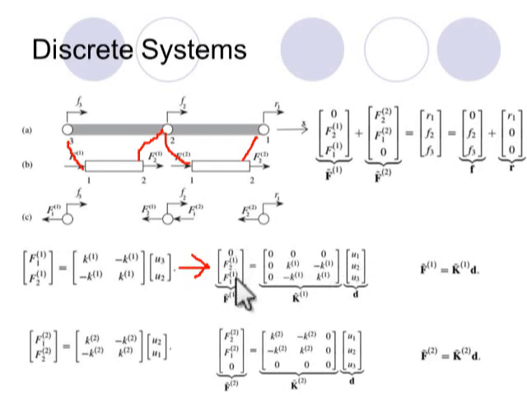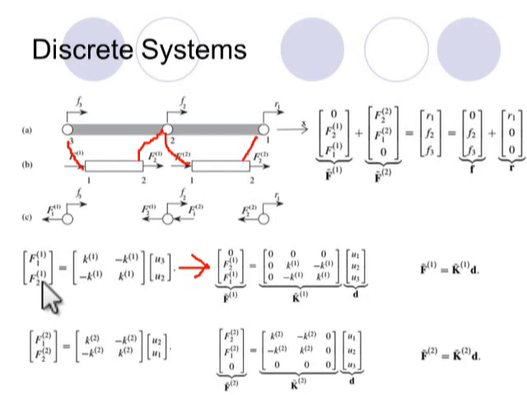So I have a vector with 3 components because I know that this is the second node in the global system and this is the third node in the global system.